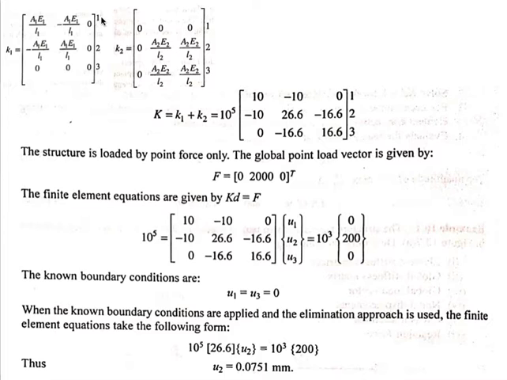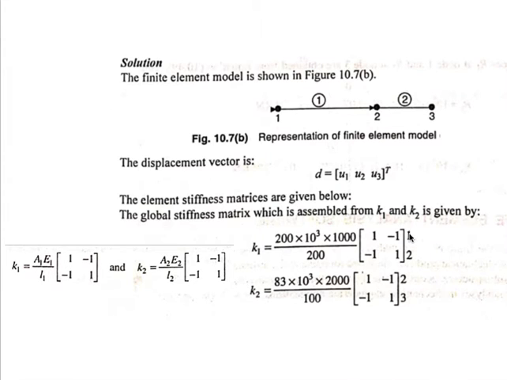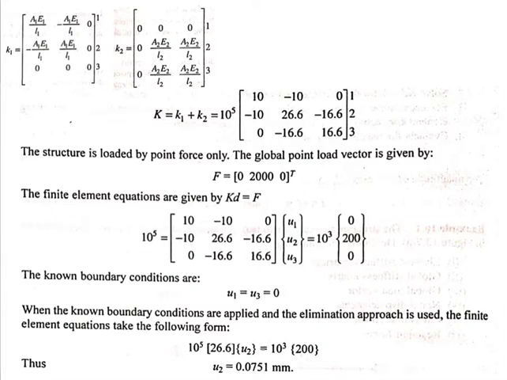Why 0? Because we are considering nodes 1 and 2 for the first element, so row and column 3 is 0. Similarly for K2, we are taking nodes 2 and 3, so row and column 1 is 0. Are you getting this?